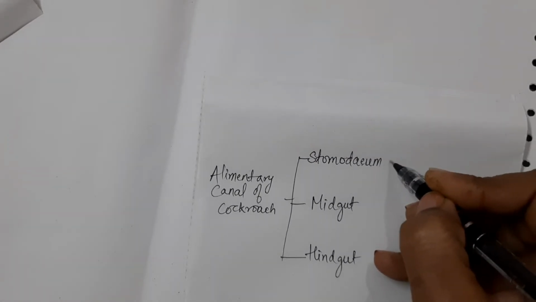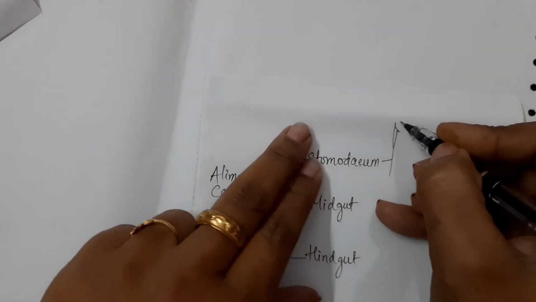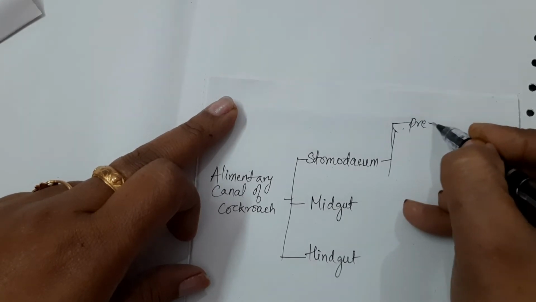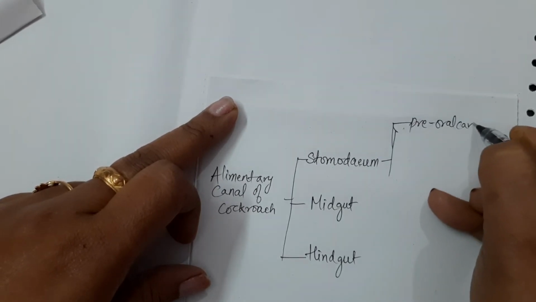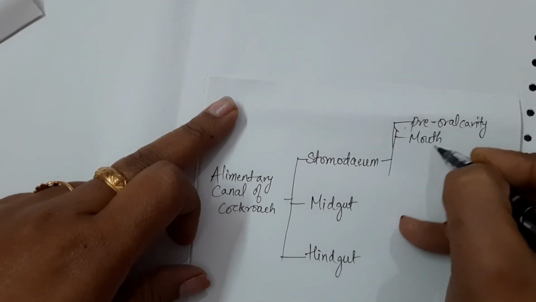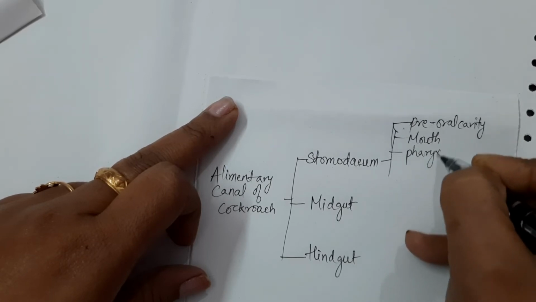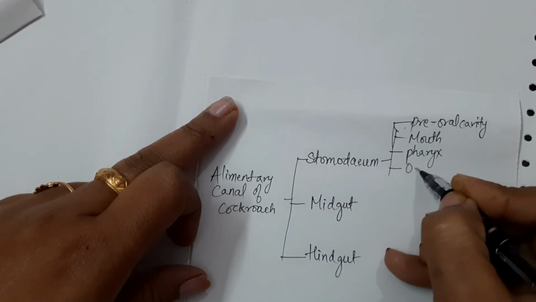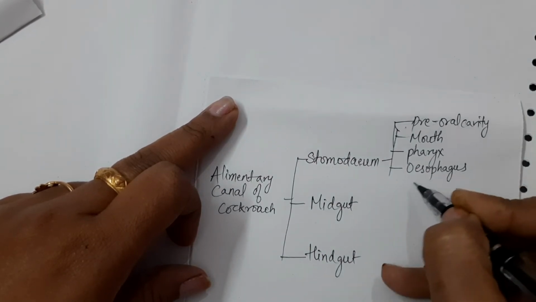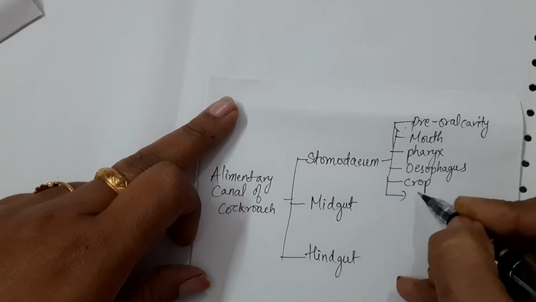The stomodeum is mainly the pre-oral cavity, then mouth, then pharynx, esophagus, crop, and the last one is the gizzard.